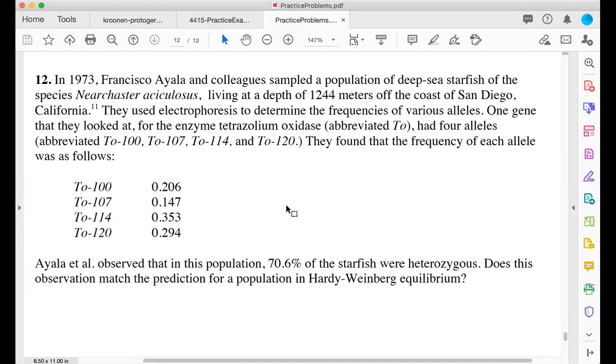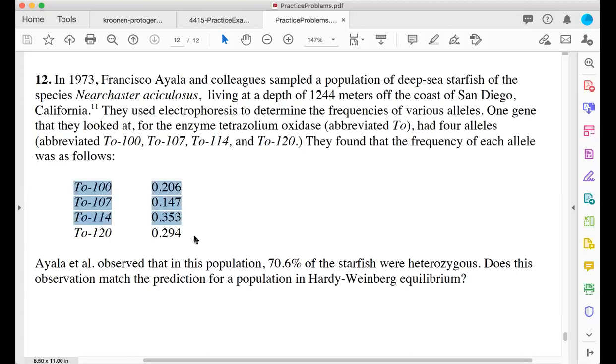This is number 12. Francisco Ayala sampled a population of deep sea starfish, and they used gel electrophoresis to determine various allele frequencies. They looked at one gene, for an enzyme called tetrazolium oxidase, and it had 4 alleles, called TO100, TO107, TO114, and TO120.